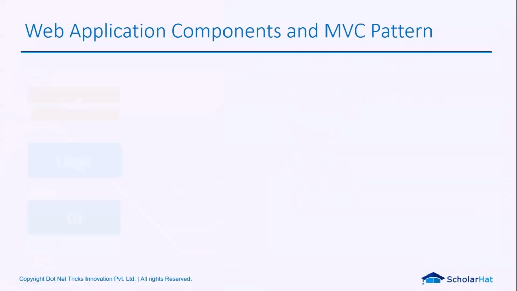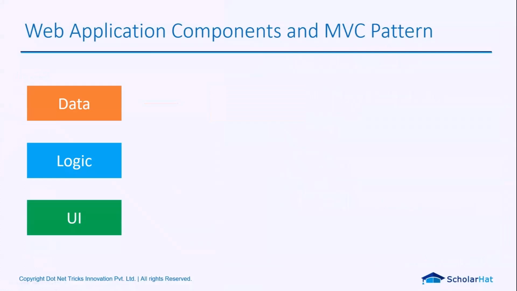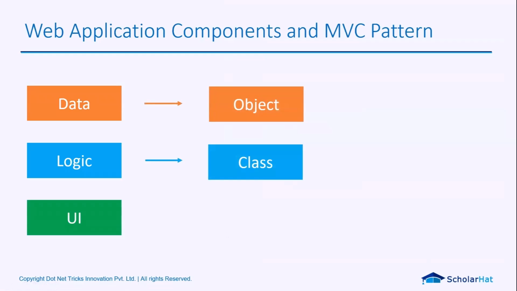When it comes to building any web application, we have to deal with three things: the data, the logic, and the UI. Data we hold using objects. Logic we write inside a class, and the UI is our DOM, the document object model.